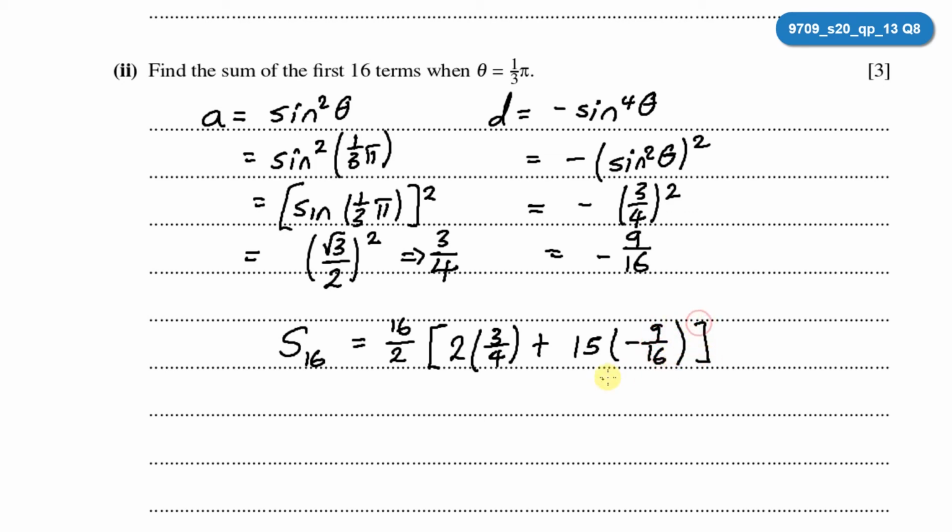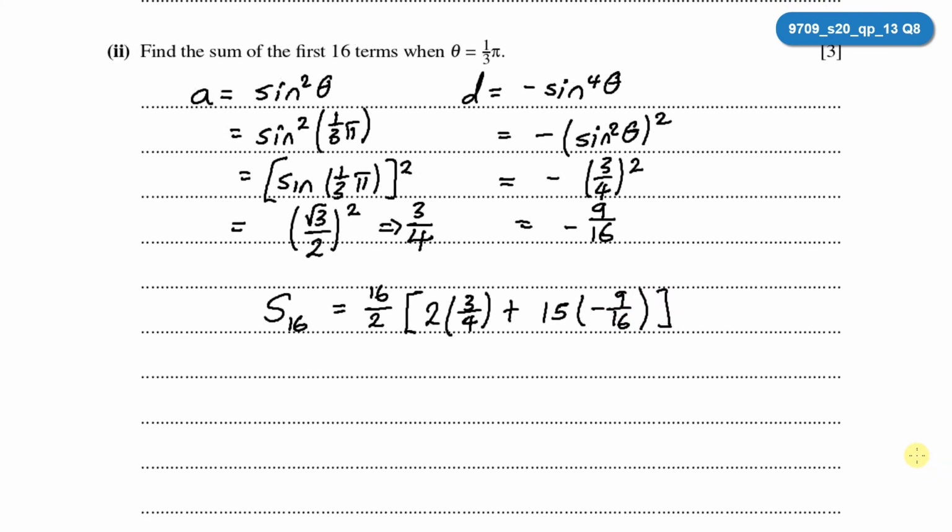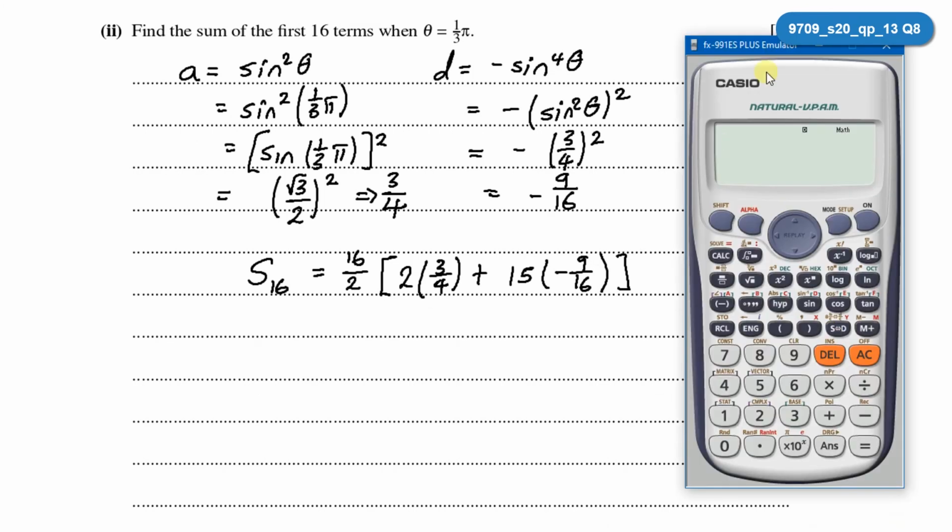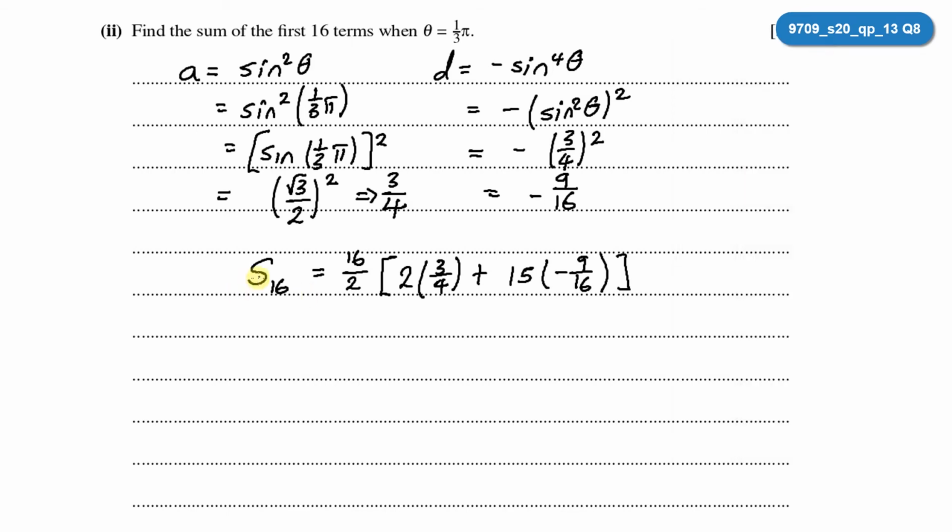So this is what we now have. So we can just use the calculator for this. So let me do a quick working. And here I'm going to get minus 55.5. So the sum to 16 is minus 55.5. And that's the answer that we're getting here for part 2.